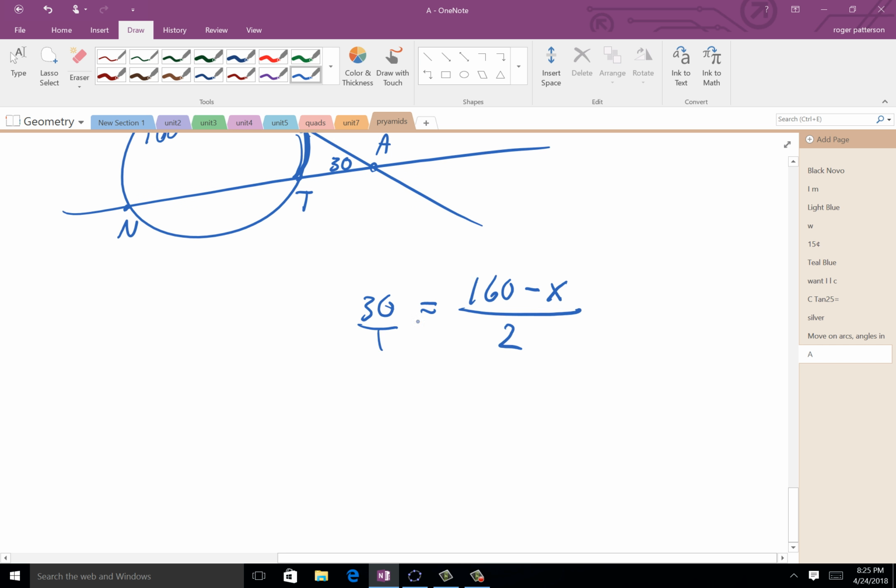So, we simply just do this cross multiplication. Alright, and we can see that x has to be 100. Don't even have to do a whole lot of work there. We can see that's going to be 100. So there's our secant properties. Alright, with those two, we're not quite done yet.